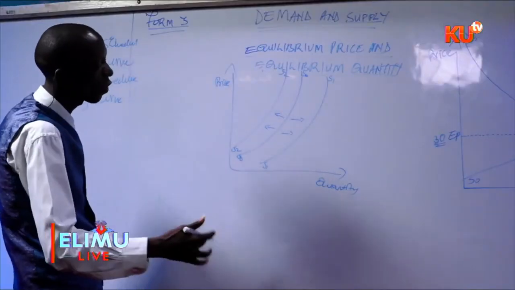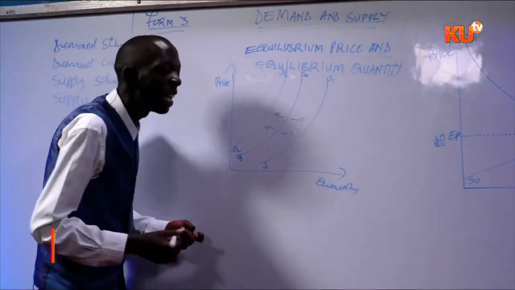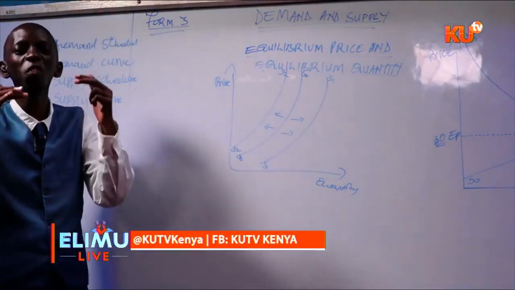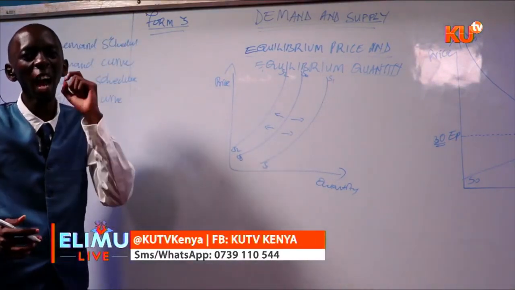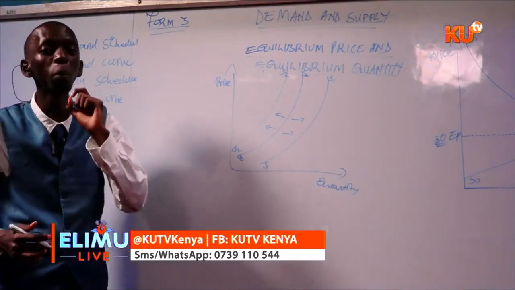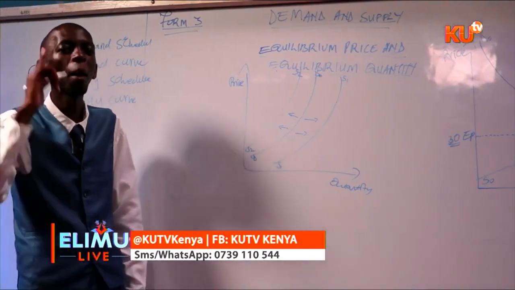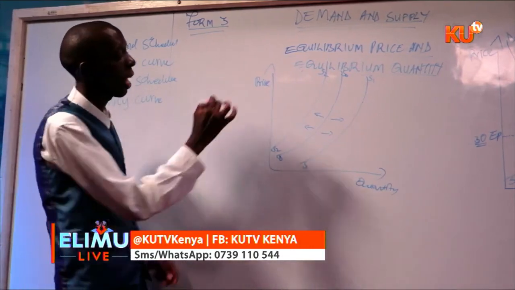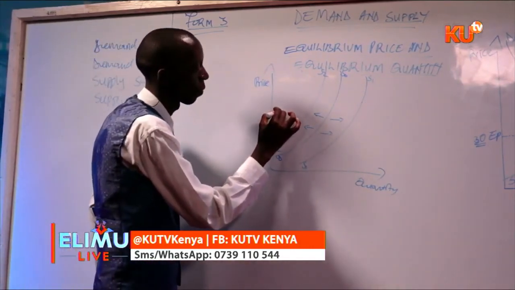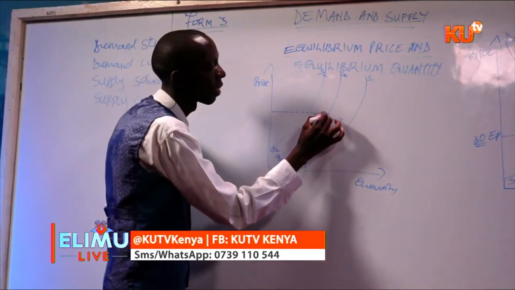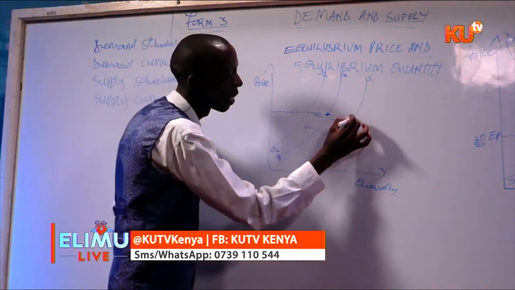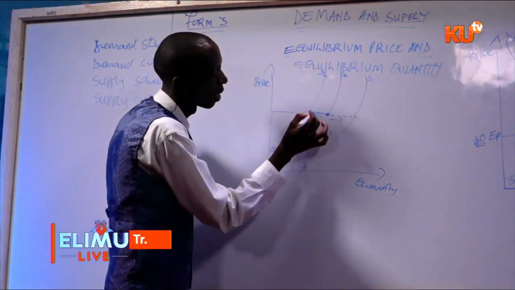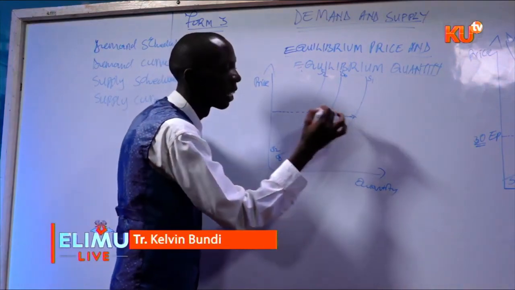A shift in the supply curve to the right is caused by all the factors that affect the supply of the product except price. Except price. Because at the same price, the supply increases. At the same price, the supply decreases.